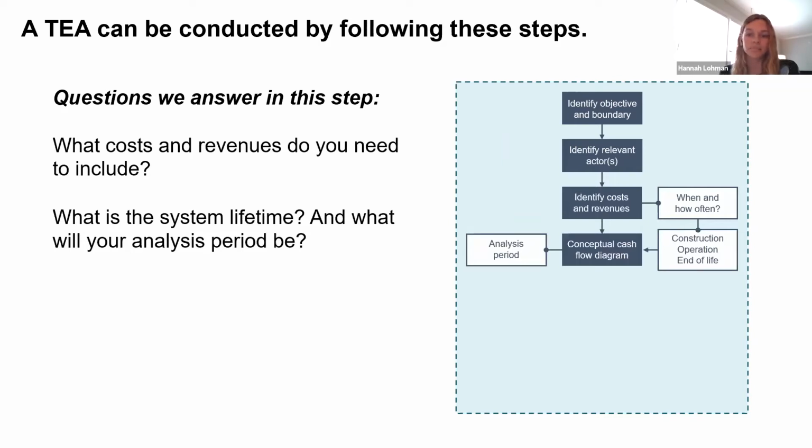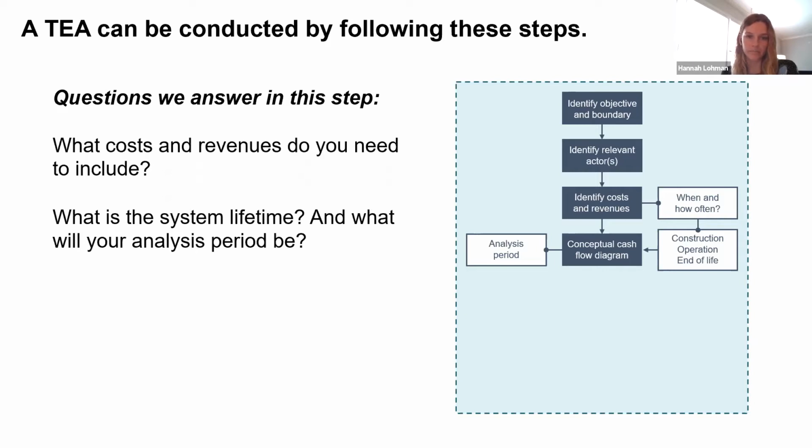And then the next steps are to identify the costs and revenues. So you already outlined what you will be including and excluding, and now you need to come up with the detailed costs. And so here we want to think about what costs and revenues we should be including in each step of the life cycle. And then you also want to think about the system lifetime and analysis period.